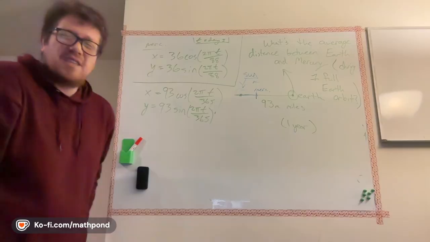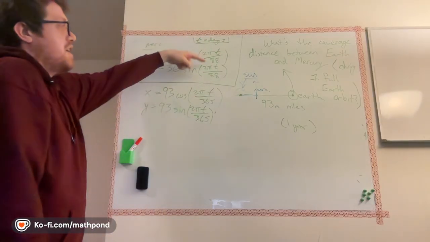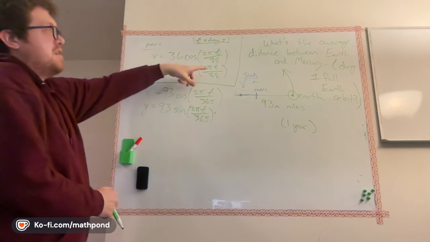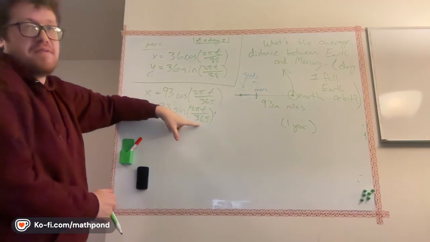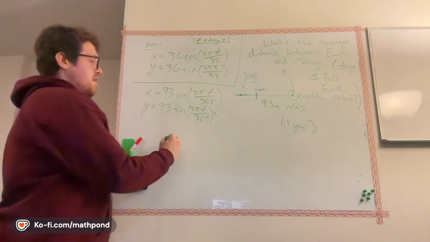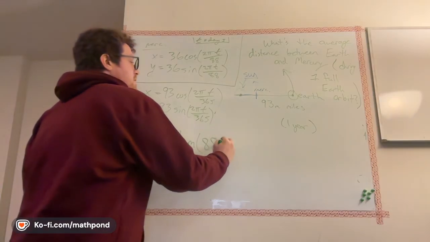So yeah, I think you would just need to calculate how many days it is going to take for these to match back up, which I think has something to do with the LCM of these two numbers, right? 88 and 365. So what's the least common multiple of 88 and 365?